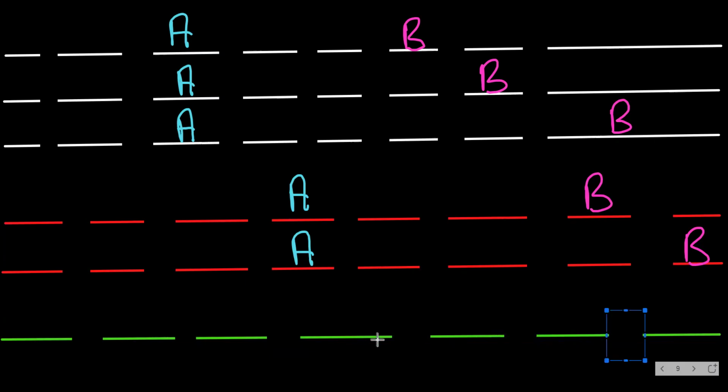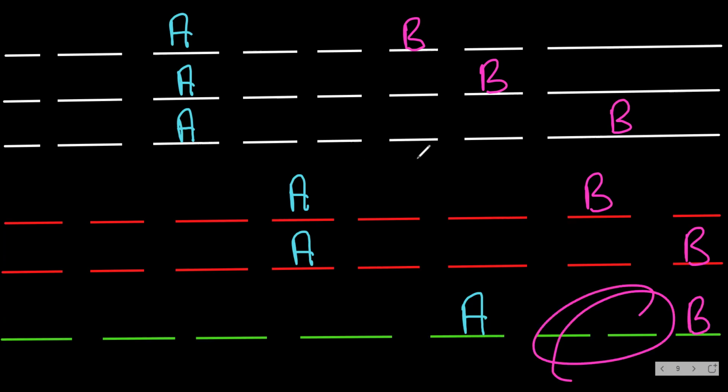One, 2, 3, 4, 5, 6, 7. Good, 8. So now Andrew is on position 5. 1, 2, 3, 4. And Bongi is on the last position. Exactly 2 people finish before Bongi and after that.